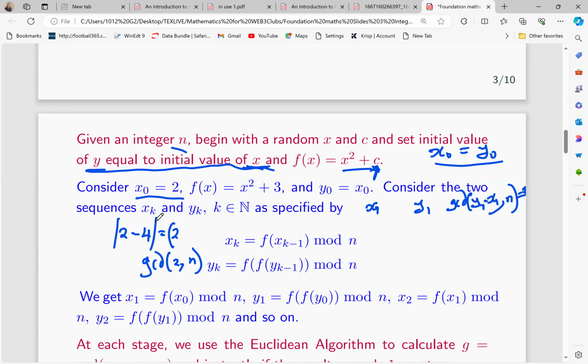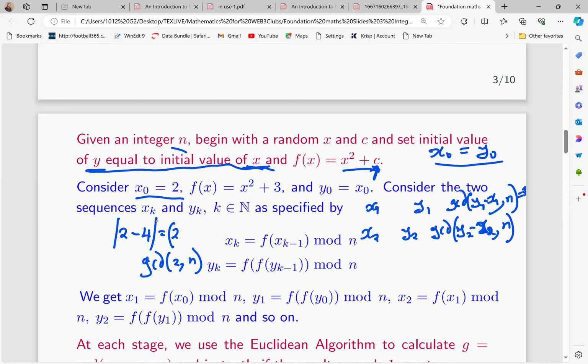If you find that the GCD is 1, proceed and find x2, and then find y2. Once you find x2 and y2, find the GCD again of y2 minus x2 with the n.